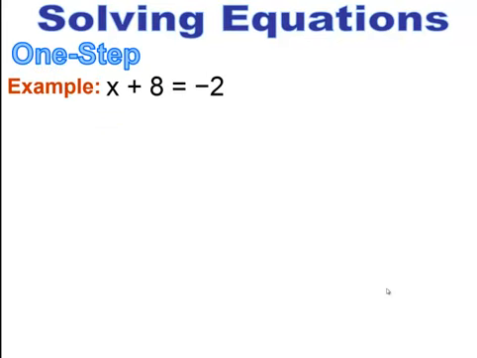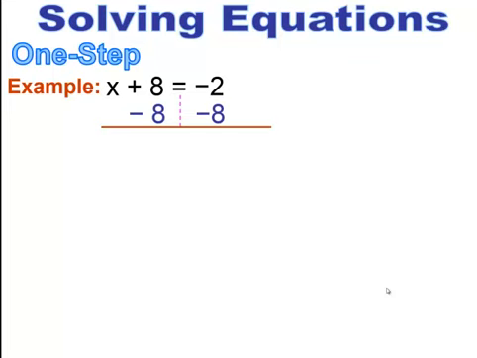This next example, you have x plus 8 equals negative 2. I want to isolate the variable on one side of the equal sign, so I'm looking to see what is with the variable. And in this case, I have addition. So the inverse to addition would be subtraction. And whatever you do to one side of the equal sign, you have to do to the other.